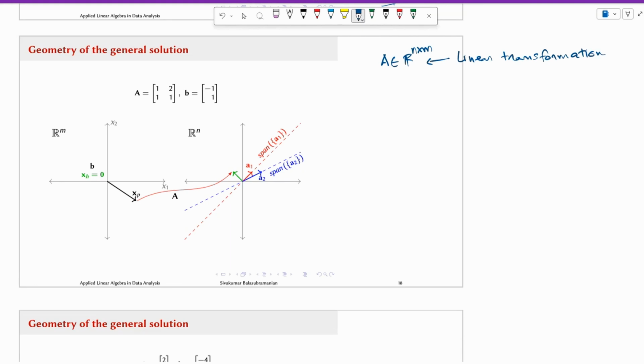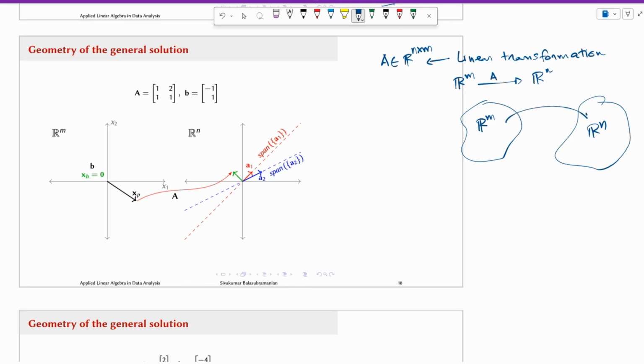It takes elements from Rm, and if you multiply any element from Rm by A, you'll get elements from Rn. If you have this space Rn, matrix A will take a specific element from here and produce another element here. So we can think of A as a linear transformation. That's what I'm trying to say.